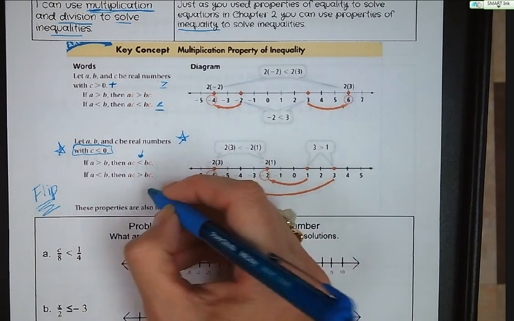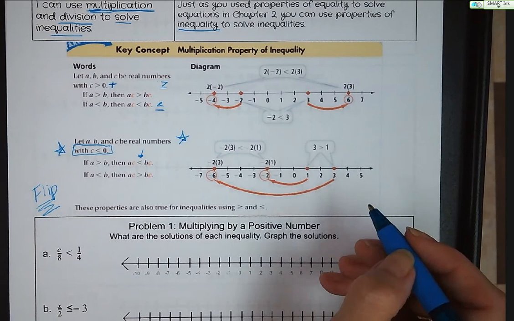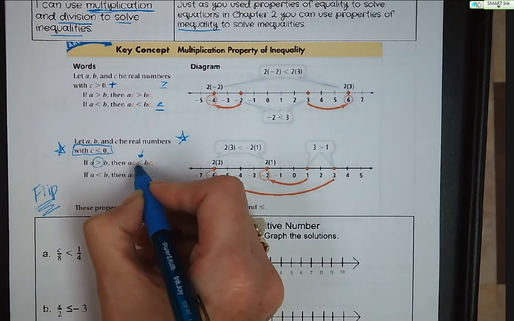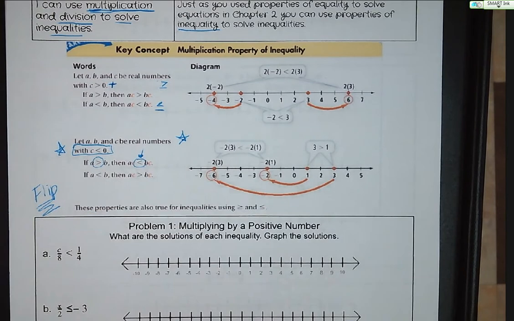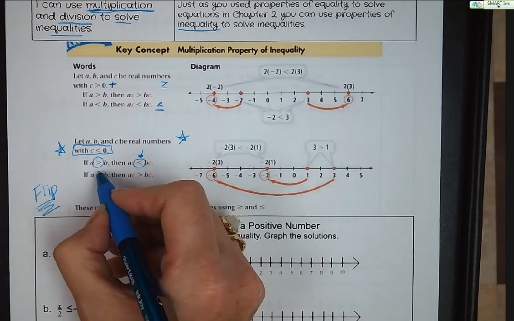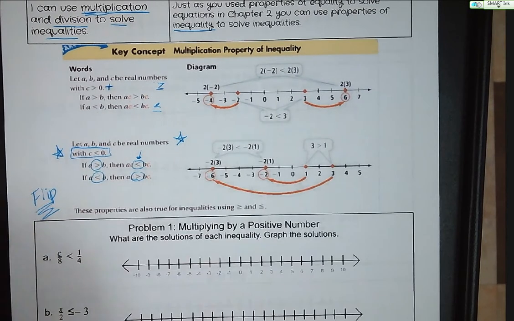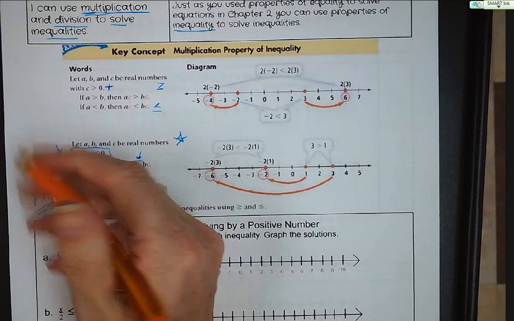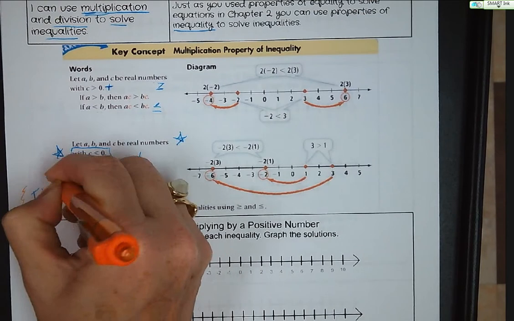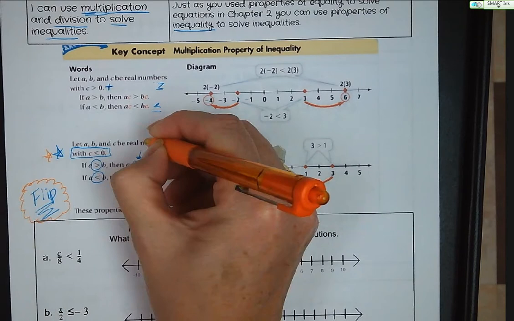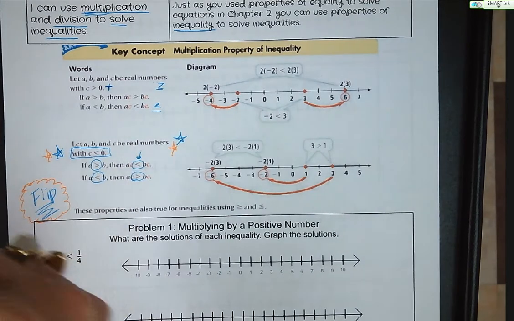Our inequality symbol has flipped. We went from greater than to less than. And this is true for less than as well. It goes from less than to greater than. And it'll also be true for our inequalities that are less than or equal to and greater than or equal to. This is the huge concept which we will practice in a little bit, and we'll do a little bit of a proof to show you why it works as well.